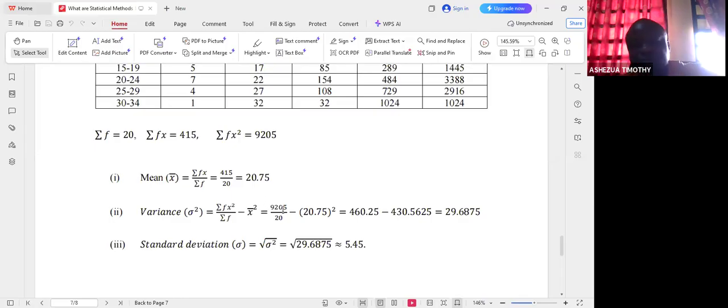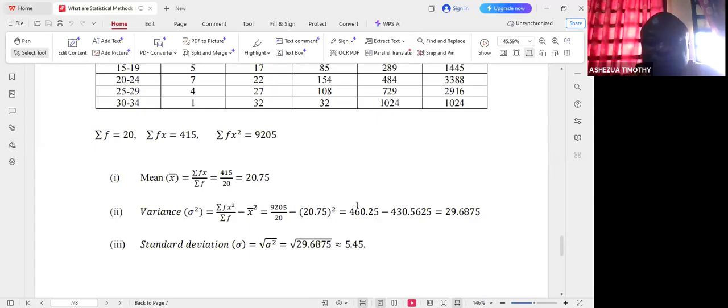If you watch closely, your sum Fx squared is 9205, our sum F is 20, and X bar squared: you recall X bar, which is our mean, is 20.75. You have 20.75 squared here.